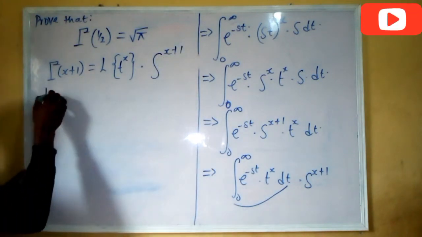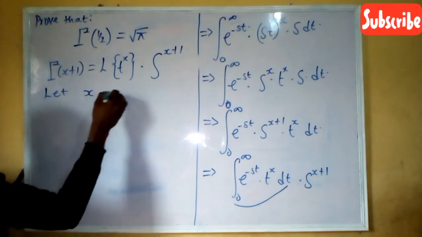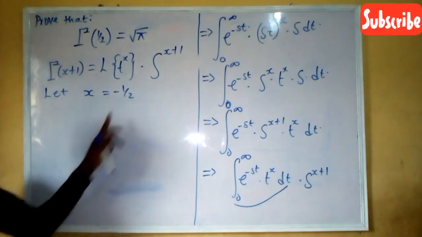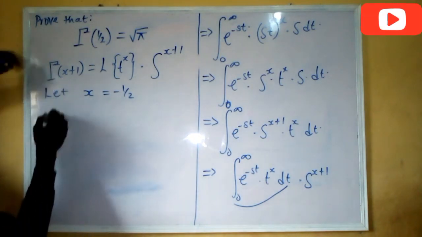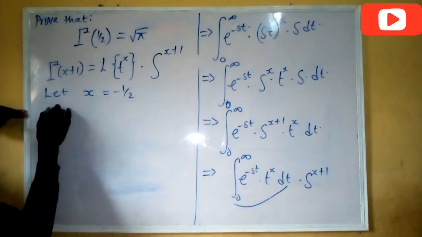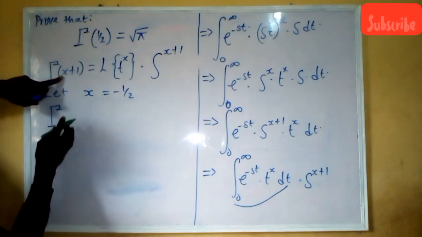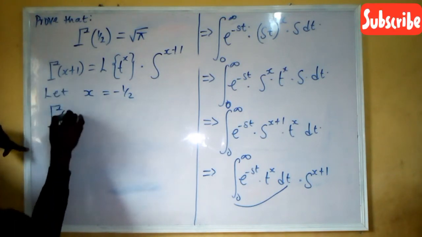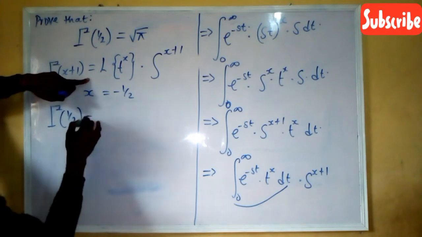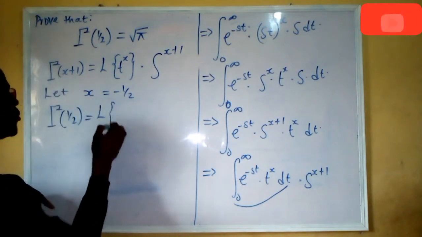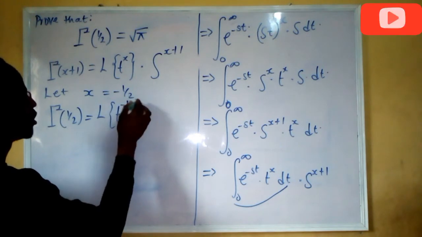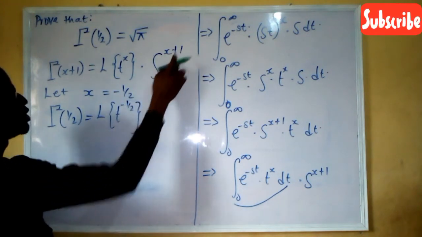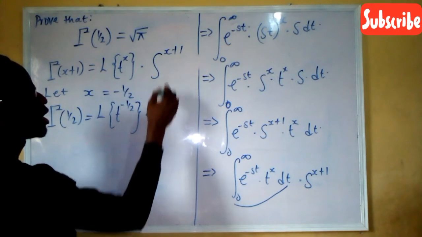Next, let x equal minus half. If x is minus half, what would happen here? We have the gamma function of minus half plus 1, which gives us half, equals the Laplace transform of t raised to the power minus half, times s raised to the power half.